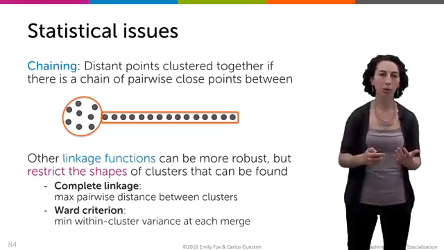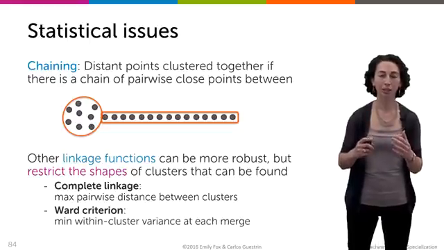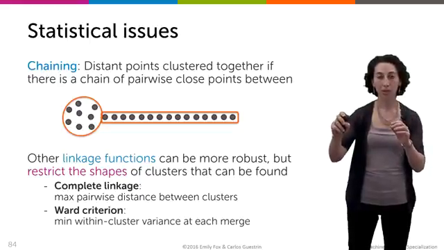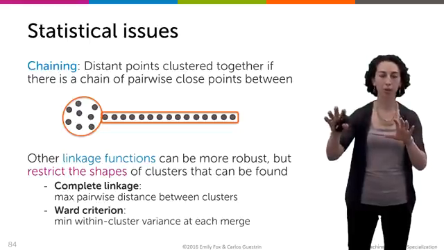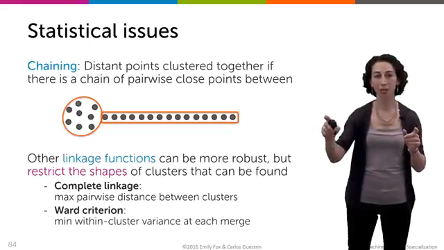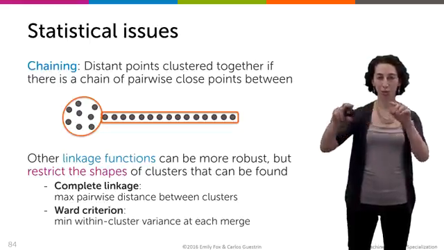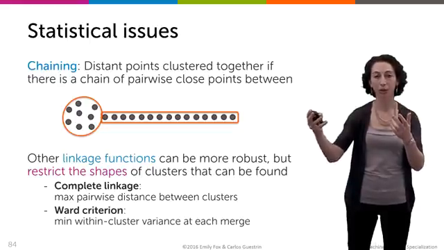So instead, one approach to helping fix this chaining issue is to consider other linkage functions. So one thing you can look at is something called complete linkage, where instead of computing the minimum distance between any set of points appearing in these two clusters, you look at the maximum distance. And in this case, if we had looked at the maximum distance in this really long chain, we wouldn't have ended up merging these clusters because that maximum distance would have been very large.